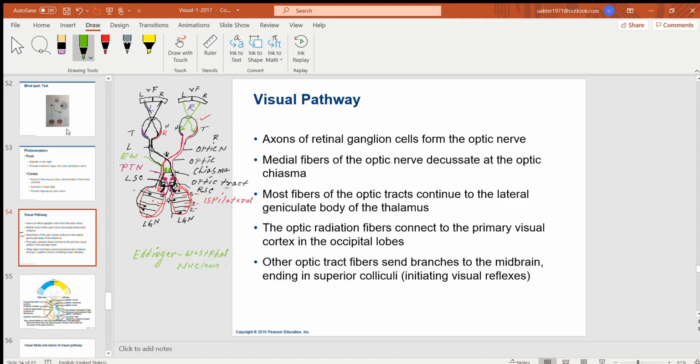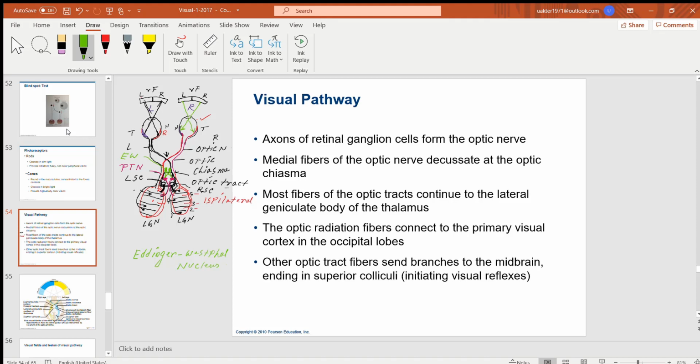Now what happens here, and this is very important, is that from the pretectal nucleus the signal goes to the Edinger-Westphal nucleus of the same side as well as to the opposite side. So here a crossover takes place, very important, remember.